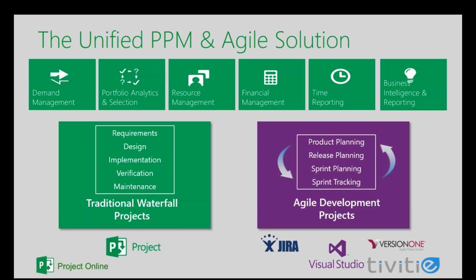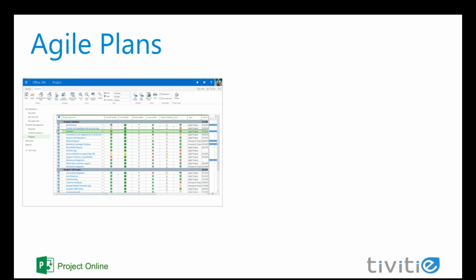And then it also can include the Agile projects in this same process, all the way through product planning, release planning, sprint tracking, and all the things that people might incorporate in their Agile or iterative approaches. So this combined solution is going to give us a lot of capabilities of merging these two worlds and providing a cohesive view and cohesive operations for companies.